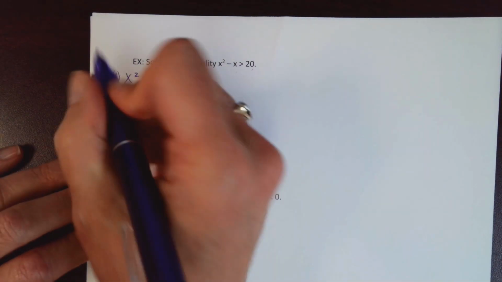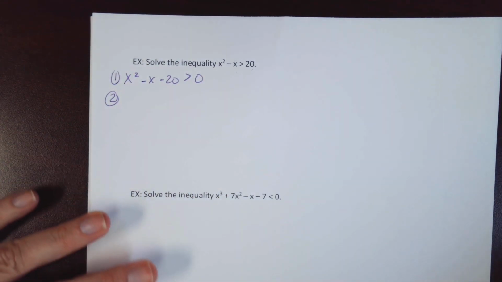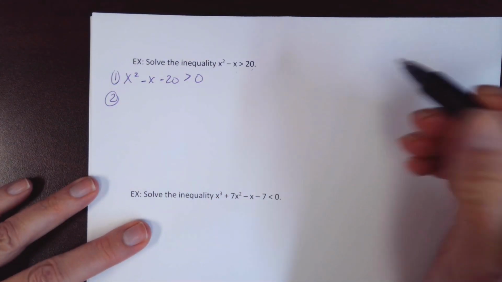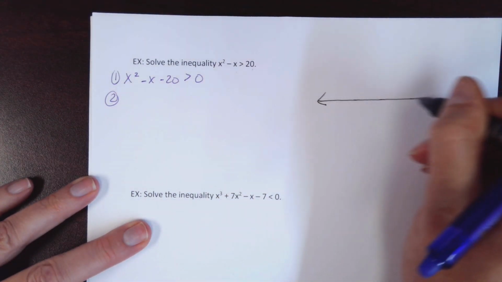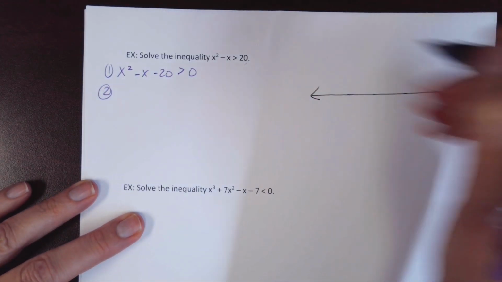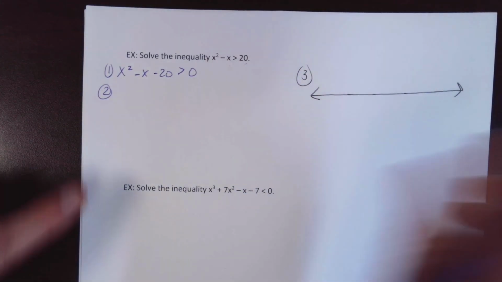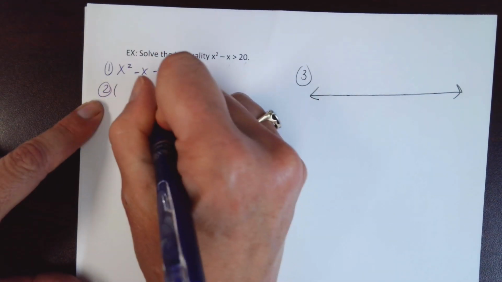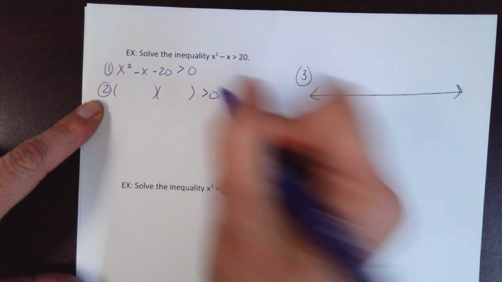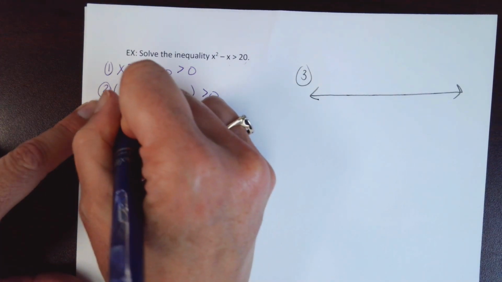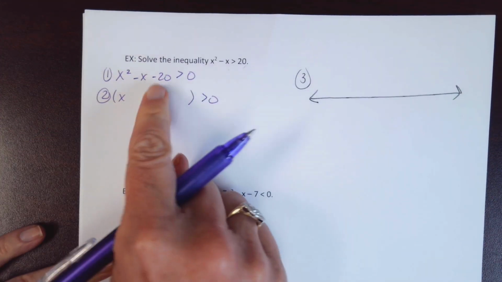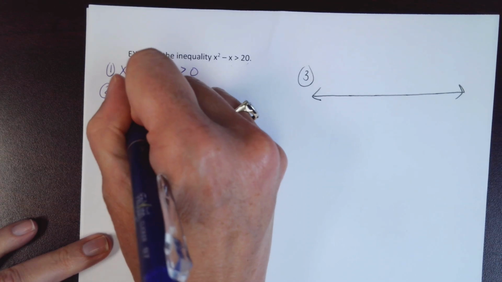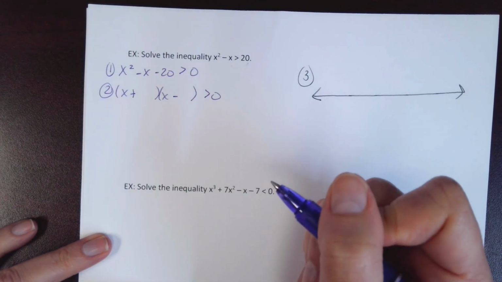The next thing I need to do is locate my boundary points so that I can then go to step 3 and graph it on a number line. This is going to be step 3 over here. To locate my boundary points, I need to factor it. Well, x times x is x squared. My constant is negative, which means these signs are going to be opposite.